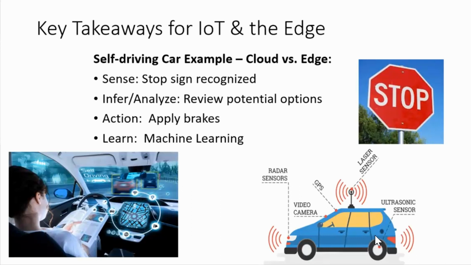We have to use a camera, radar, something to intelligently identify that a stop sign is approaching. We have to analyze that and identify that I am in fact looking at a stop sign, not a billboard of a stop sign, not a picture of a stop sign, but an actual stop sign. I have to recognize that using some intelligence.